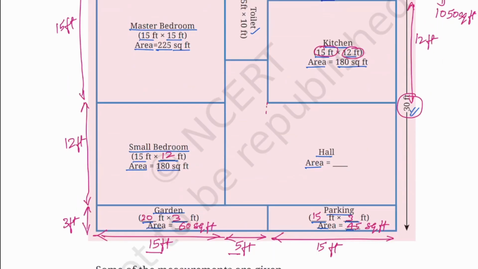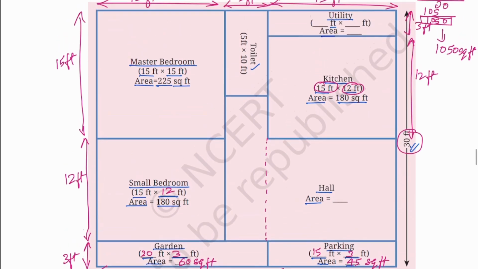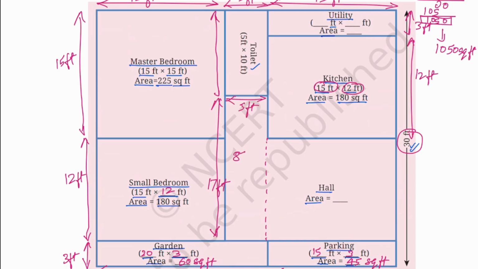To find the area of the hall, you have to split it into two parts. Since this is 10 feet, that means this will be 20 feet. Sorry, 20 minus 3, 17 feet. And width is 5 feet. So area will be 85 square feet here. Similarly, this length is 3 feet and 12 feet, 15 feet.